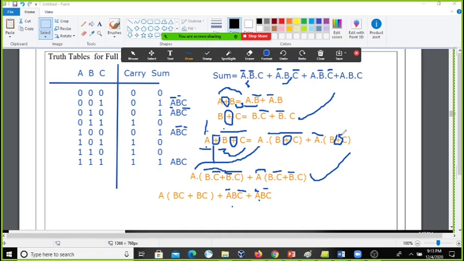Is that clear? And for the first term, here we have BC bar and B bar C, and there's a larger bar here. So you can apply De Morgan's law for that one. Now we have proved these two are equal to these two.